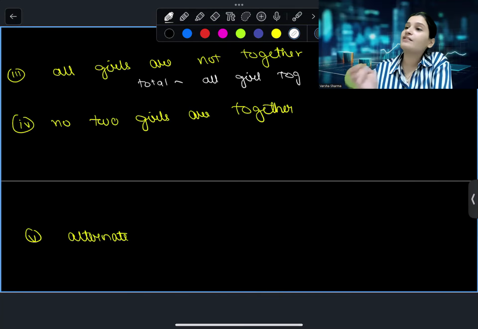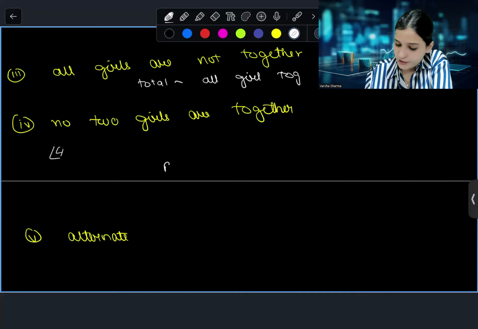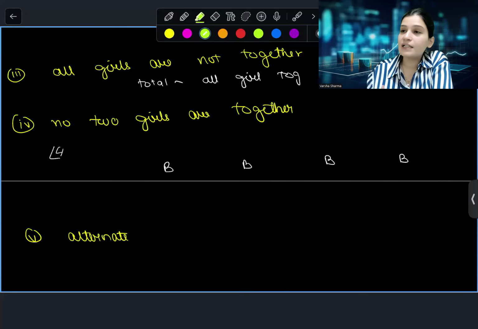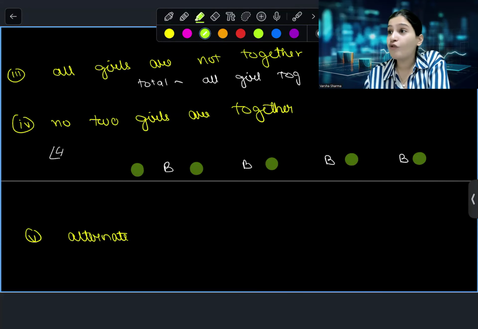So first we make the 4 boys sit together. 4 boys can sit in how many ways? 4 factorial. So boys, boys, boys, boys. Now for the girls to remain away from each other, they can sit in these gaps. How many gaps are there? 5. But we need only 4.